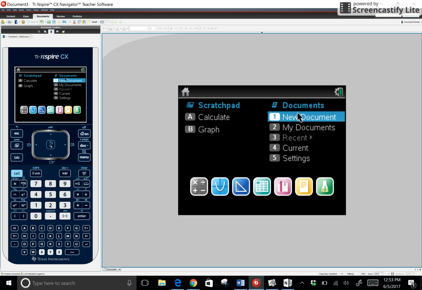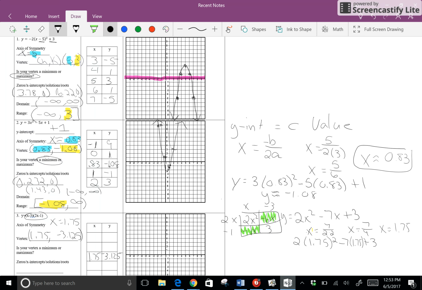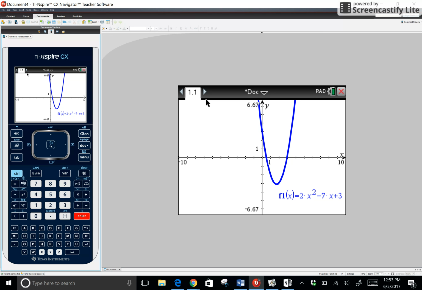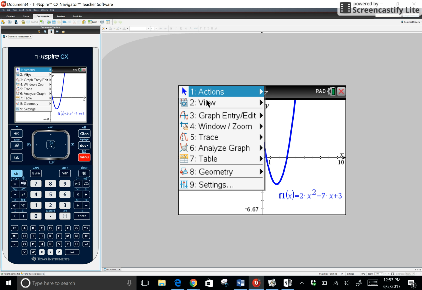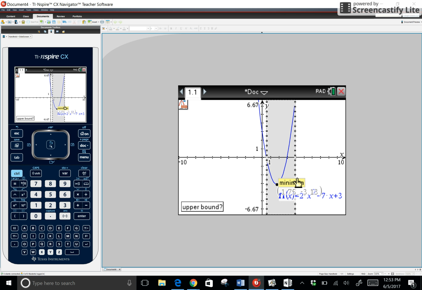So new document, always hit no. Now our standard form that we created was 2x squared minus 7x plus 3. Let's make sure that we're right. You can do the minimum. That's exactly what we got.